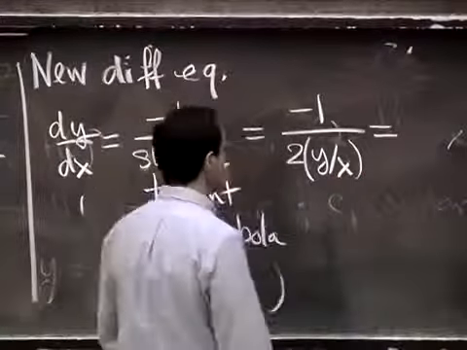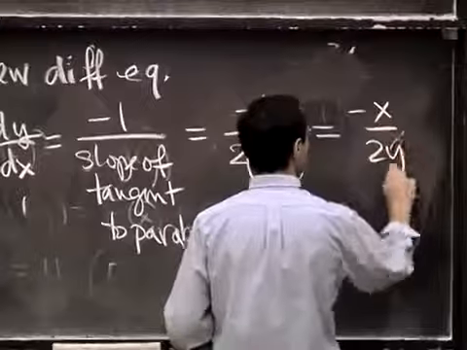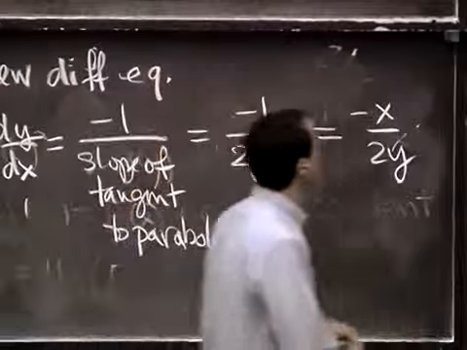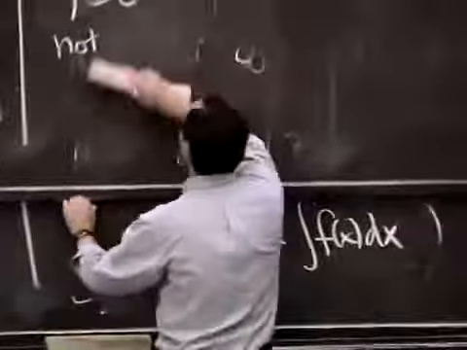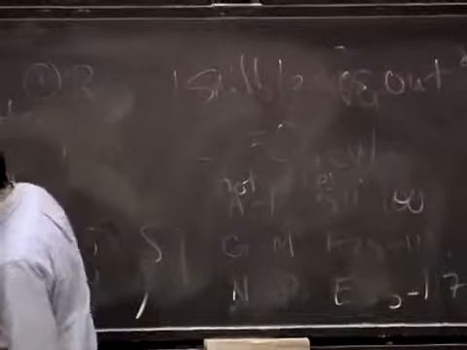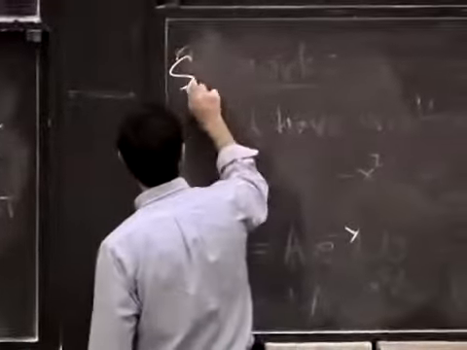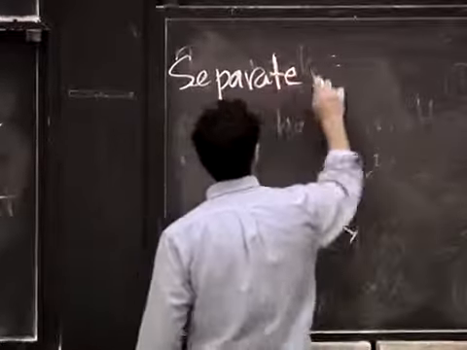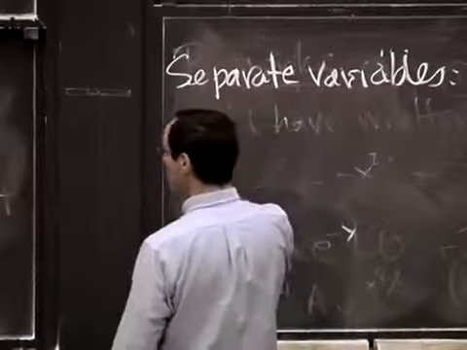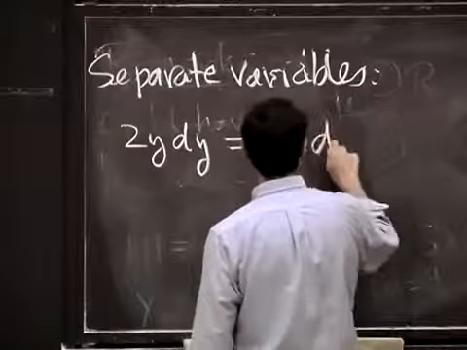So let's rewrite that now. This is, the x goes in the numerator, so it's minus x over 2y. And now I want to solve this one. Well, again, there's only one technique, which is we're going to separate variables. And we separate the differentials here, so we get 2y dy equals minus x dx.